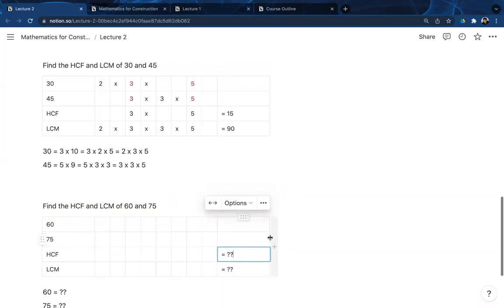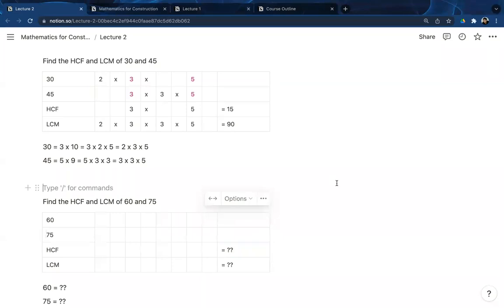Okay, so use the same technique here to find the HCF and LCM of 60 and 75.